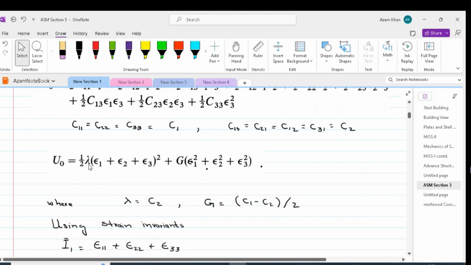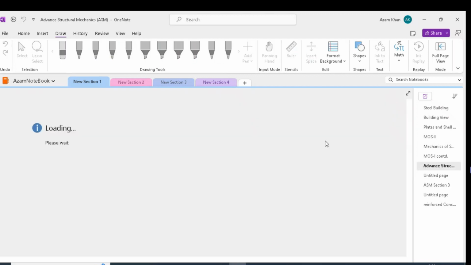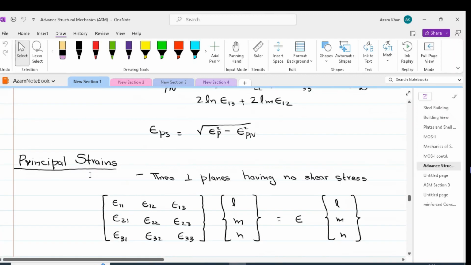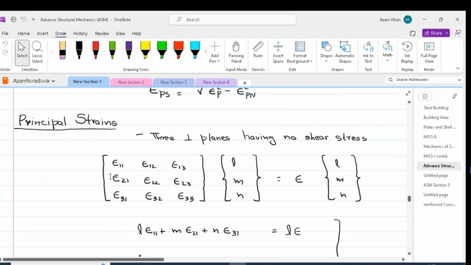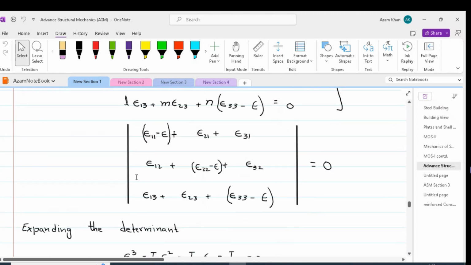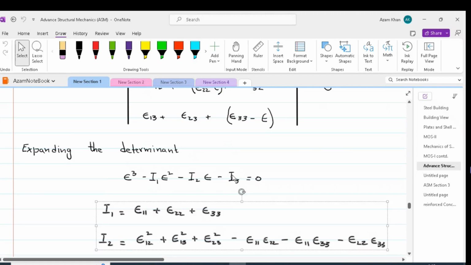We can get the strain energy density equation in terms of strain invariants also. So just to remind ourselves of strain invariants, in our principal strain discussions, we said that we can have the strain at a point expressed in the form of a characteristic equation.